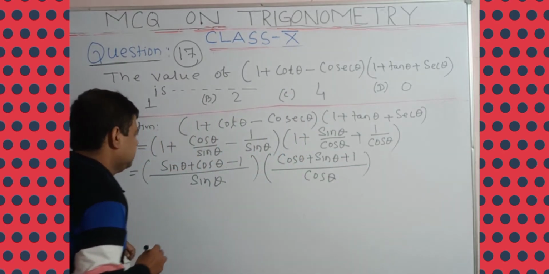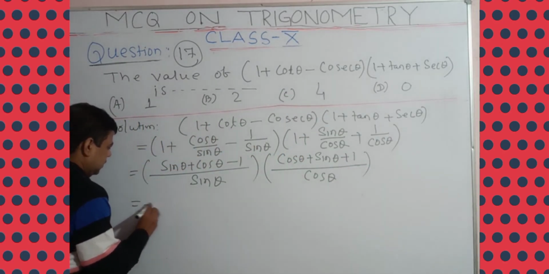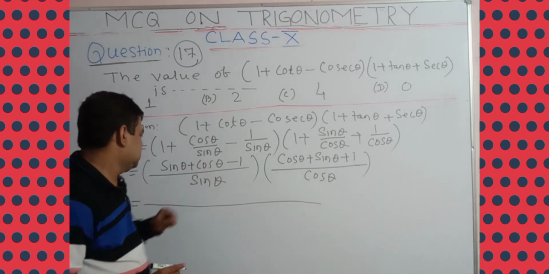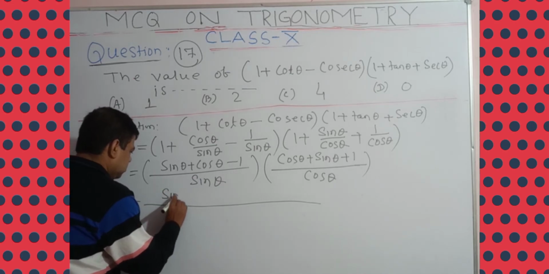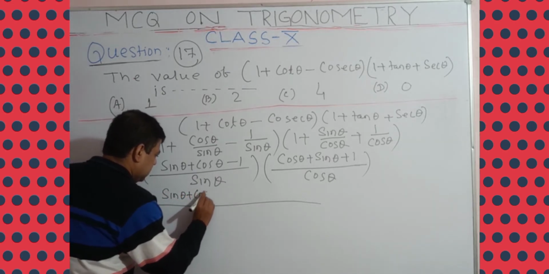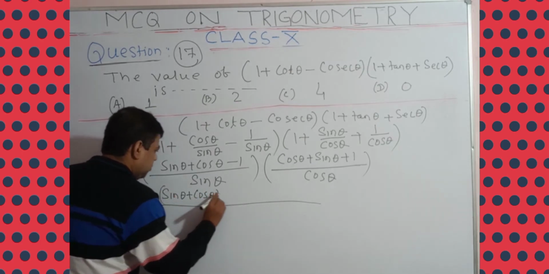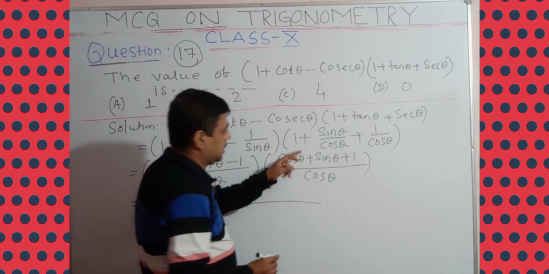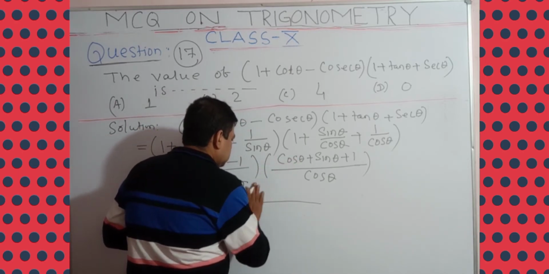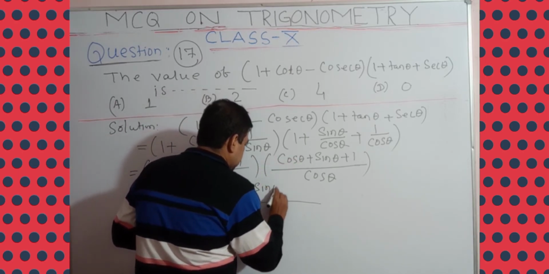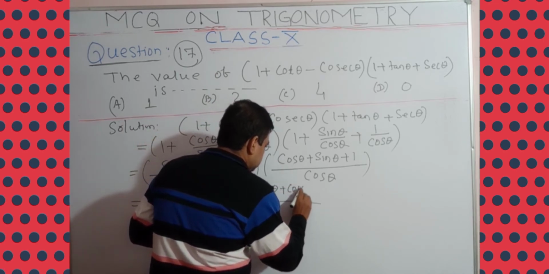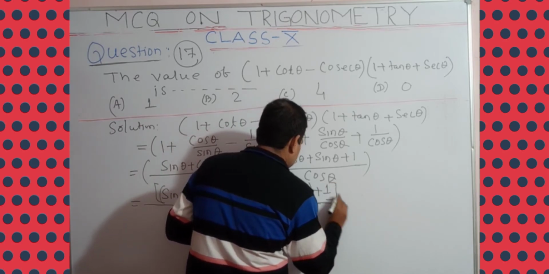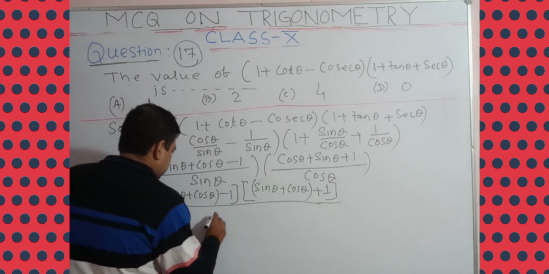Now let's see, sin theta plus cos theta minus 1. Similarly, cos theta plus sin theta can also be written as sin theta plus cos theta, plus 1. In the denominator, sin theta into cos theta.